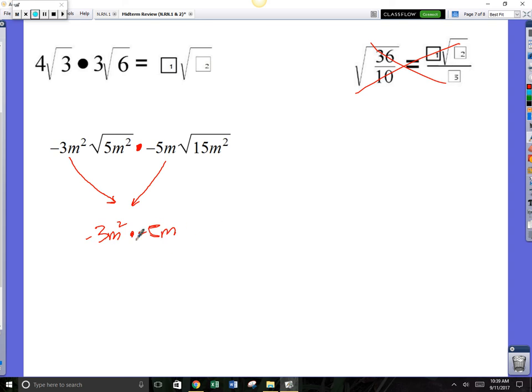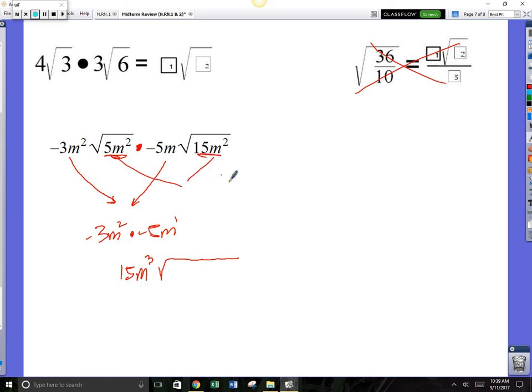So times your numbers, negative 3 times negative 5, that's positive 15. And if you times your letters, you add the exponent, so that's going to be m to the 2 plus 1. So m cubed. Then you got to times the underneaths together.